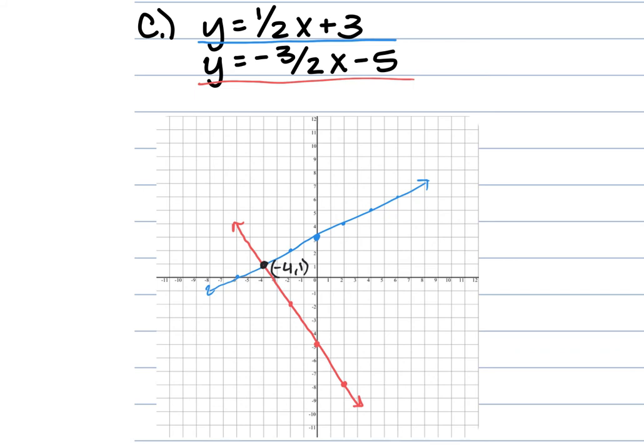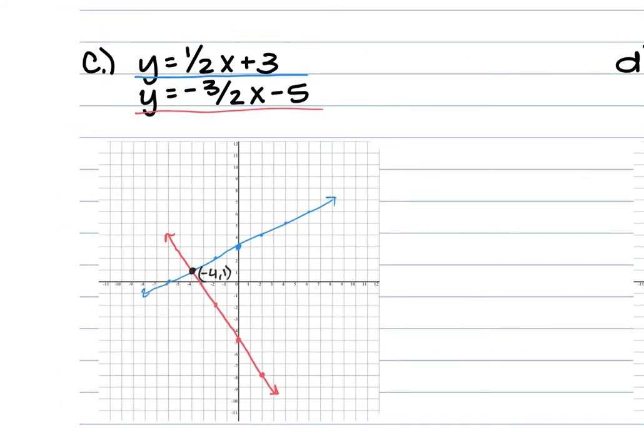Go ahead, Janessa. Okay, so then you're going to replace y with 1 and replace x with -4. You're going to have 1 equals 1/2 times -4 plus 3. Yep. That gives you 1 equals -2 plus 3, and then -2 plus 3 is 1, so 1 equals 1. Booyah. So it worked for the first one.